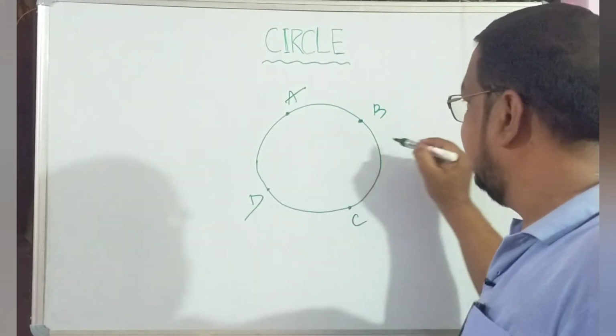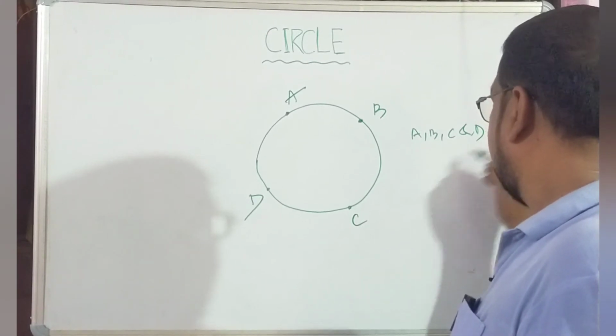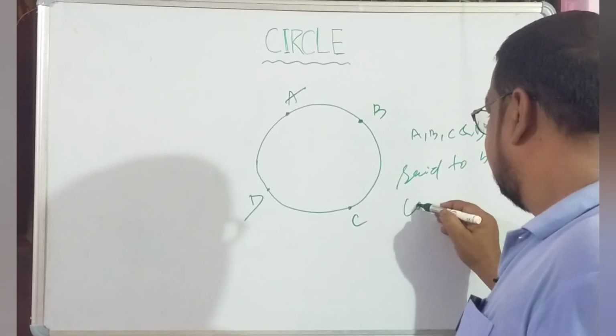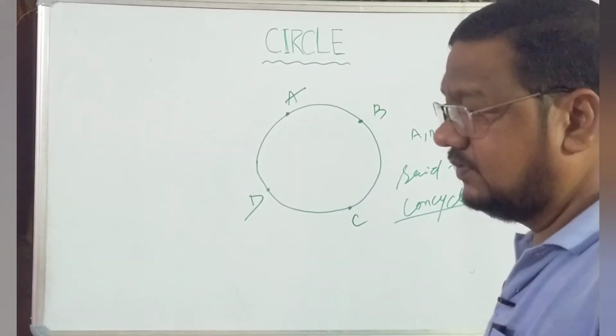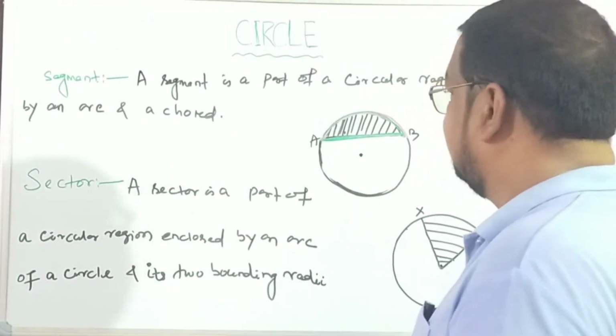So these points A, B, C and D are said to be concyclic.